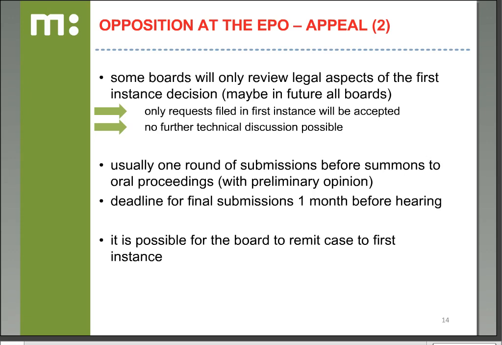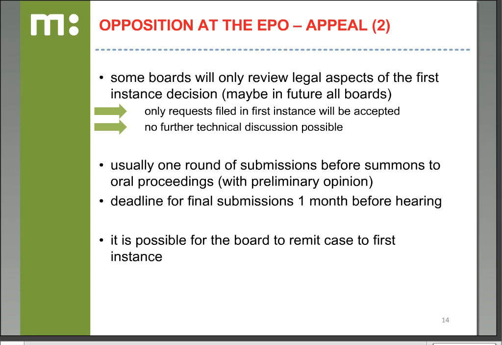And the opposition division comes to the conclusion, yes, a lack of novelty, we revoke the patent. And it goes up to appeal, and the Board of Appeal says, no, we think that the subject matter of the claims is new. But we won't decide about inventiveness. We will send it back to the first instance because they have to decide whether it's inventive.